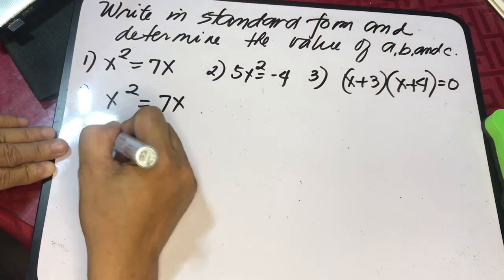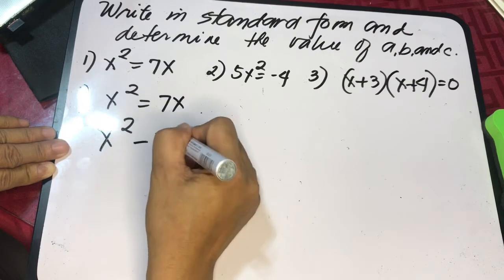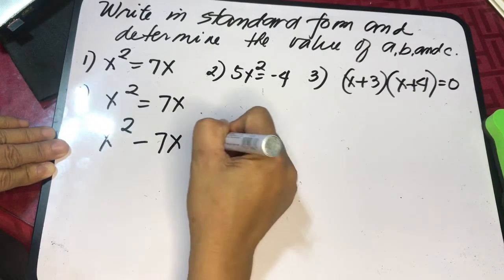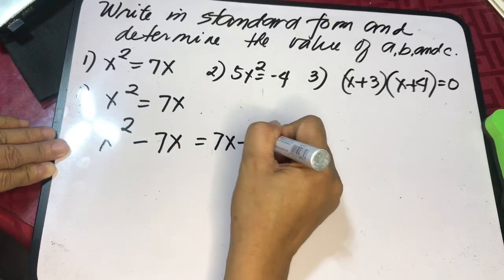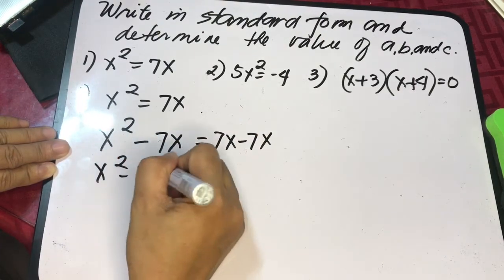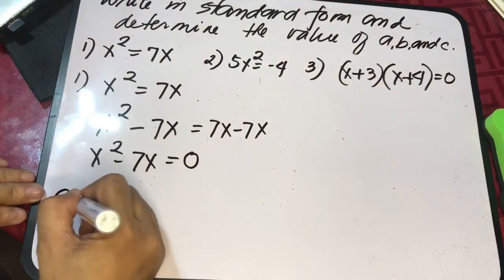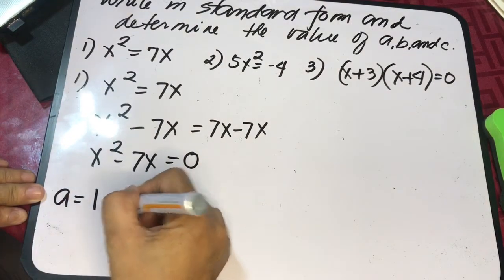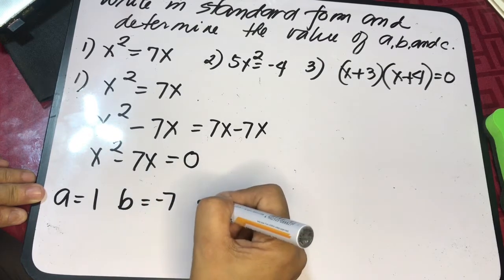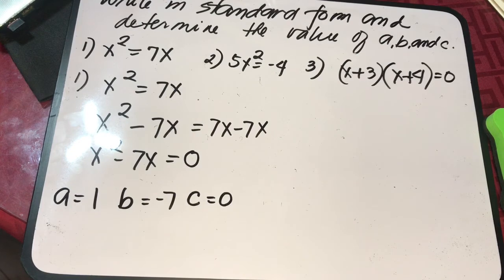Okay, so this is x squared minus 7x equals 7x minus 7x. So x squared minus 7x is equal to 0. So A is equal to 1, B is equal to negative 7, and C is equal to 0.